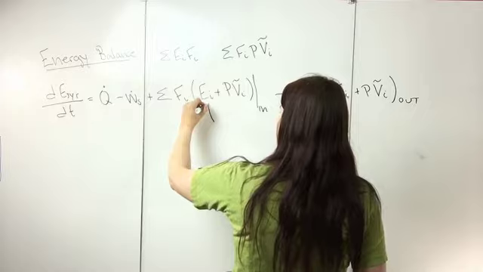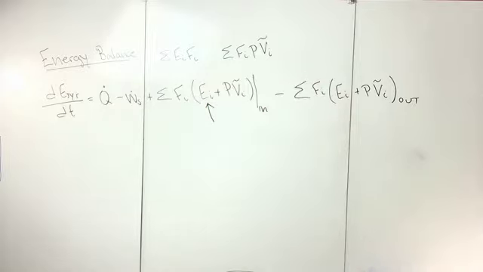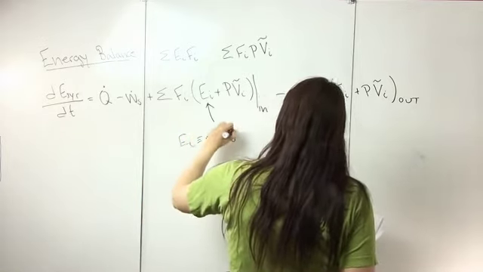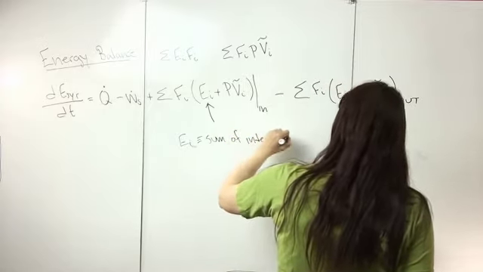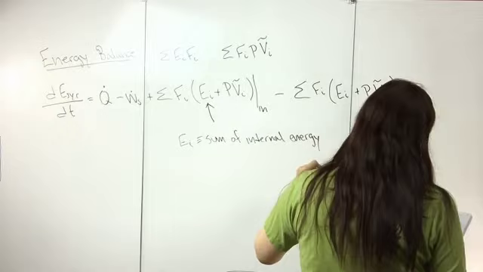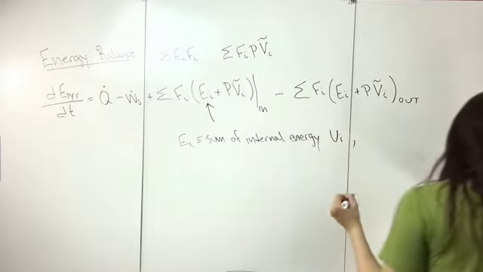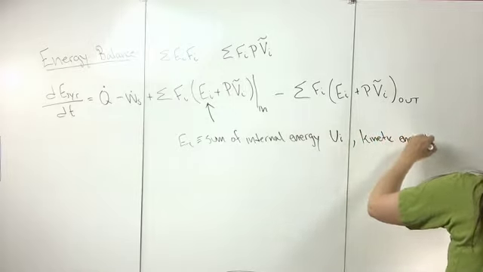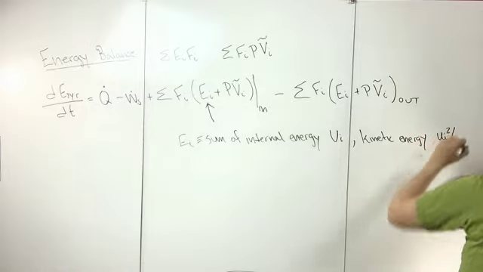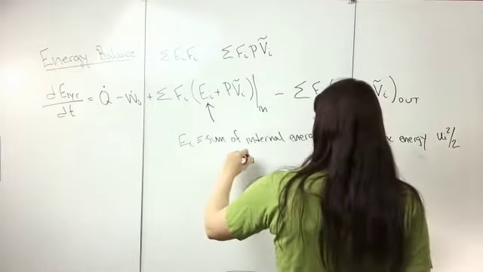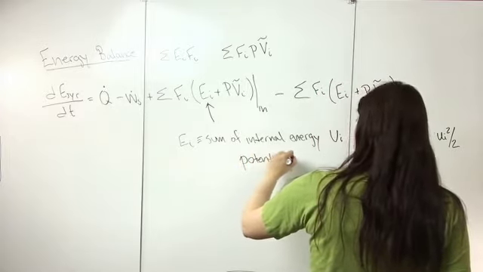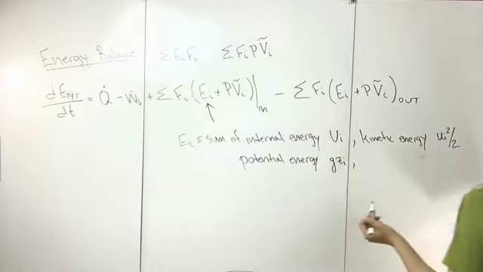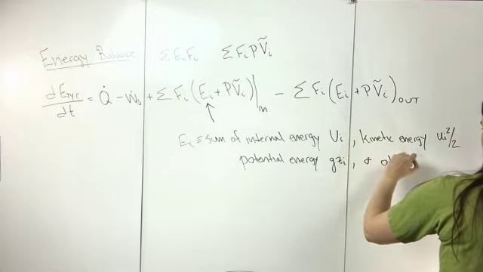This Ei is the sum of energies: internal energy, which is written as Ui, the kinetic energy, so ui squared over 2, the potential energy, so g zi, and others such as electric or magnetic energy.